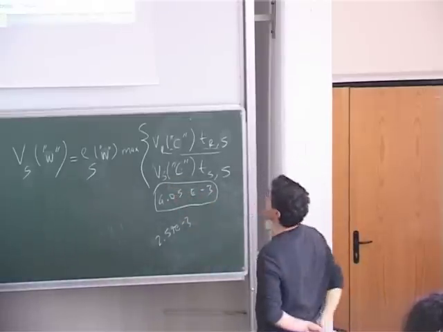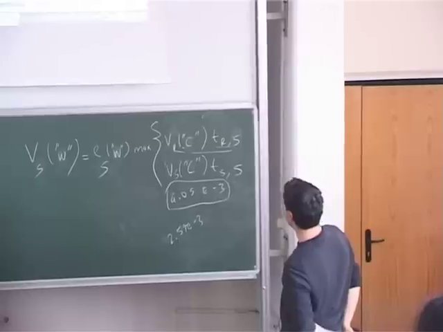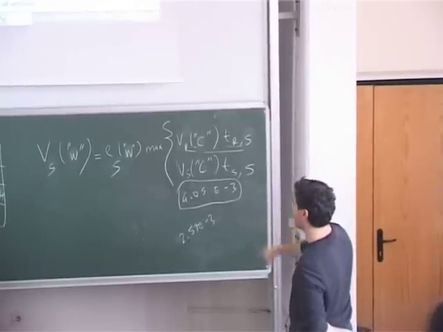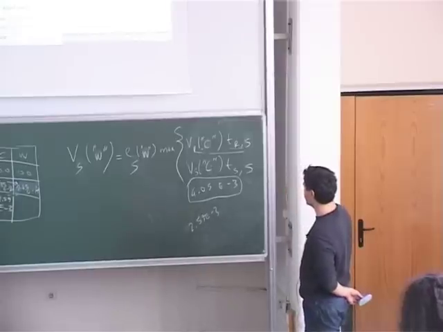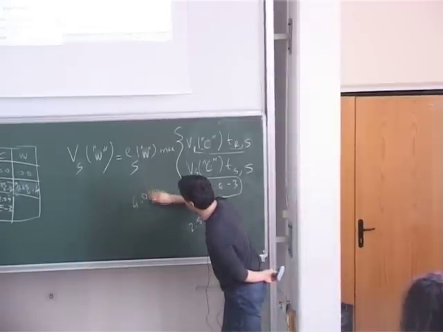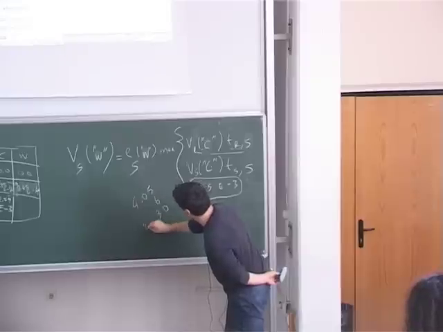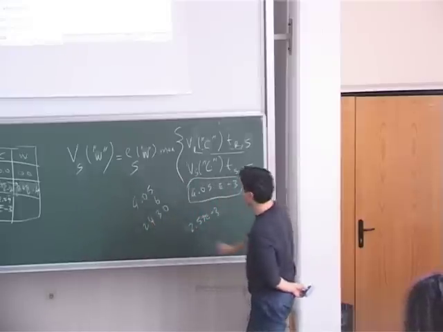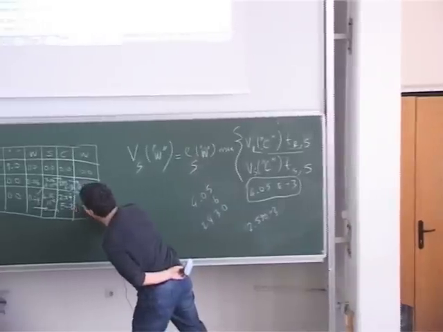And the emission probability of W on a sunny day is 0.6. So we are going to multiply this with 0.6. If you multiply 405 with 0.6, it's going to be 2.43 e to the minus 3.